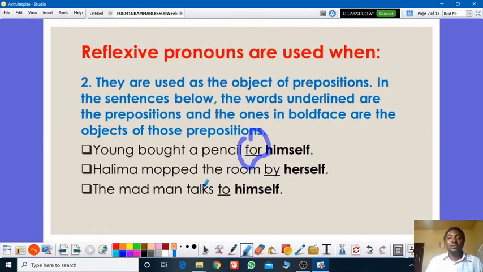We have seen that the words which are underlined are prepositions, and the objects here are pronouns.